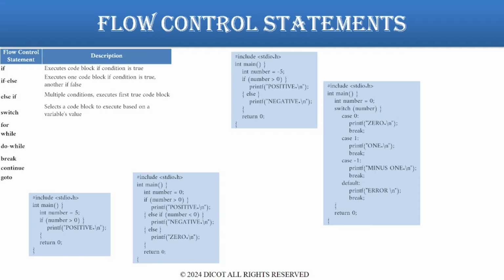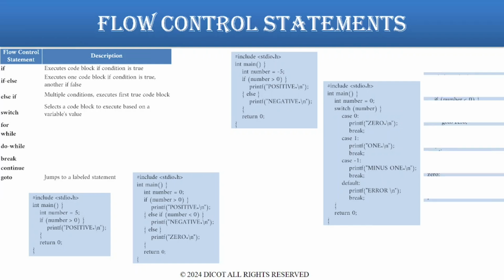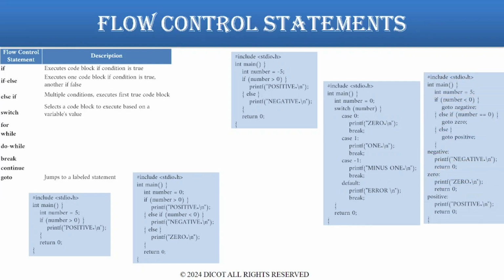Next, the goto statement. The goto statements are used to transfer control to a label statement. Example. In this example, goto is used to jump to a specific label based on the value of the number. Number is assigned a value 5, and we are doing similar checks here. If number is less than 0, we want to go to negative label.